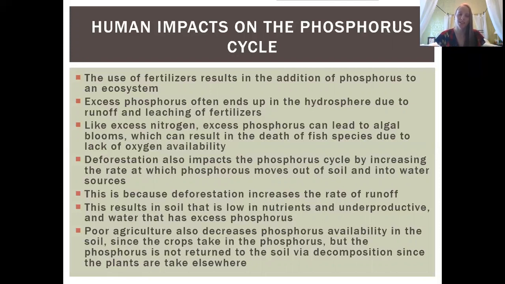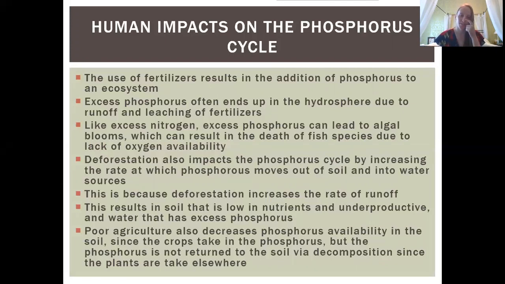And just like with excess nitrogen, having too much phosphorus in your water can lead to algal blooms, which, as we talked about, when that algae dies and decomposes, the decomposers use up all of the oxygen that's present, and fish and stuff like that tend to suffocate.